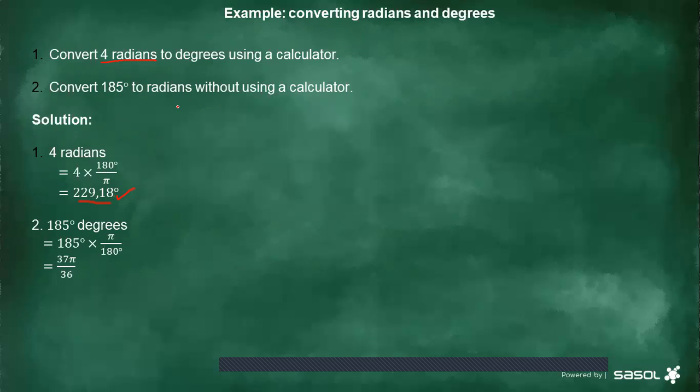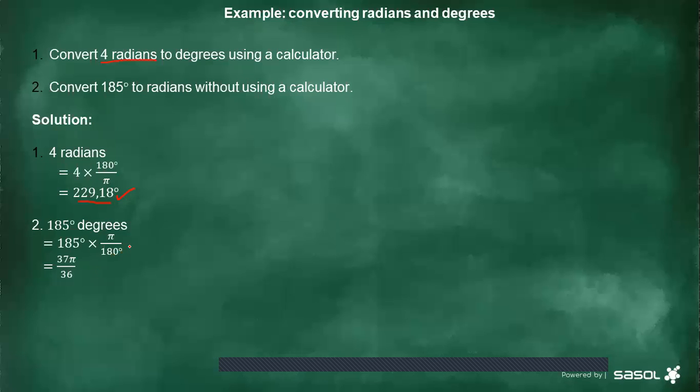Now converting 185 degrees to radians, you just multiply 185 degrees by pi over 180 degrees. Then the answer is in terms of radians, which is 37 pi over 36.